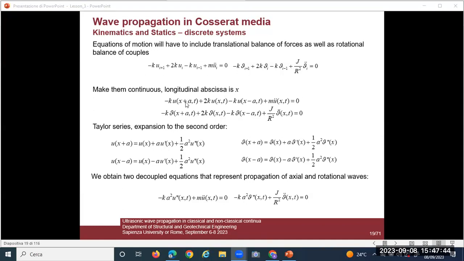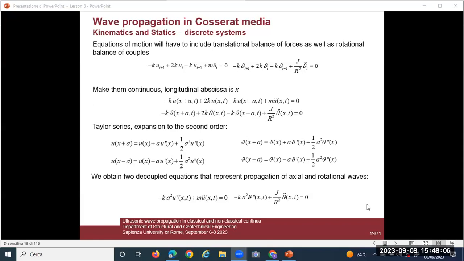You make them continuum, you use Taylor series expansions, and you obtain these two nice equations that are nothing but the equations of motion of a Cosserat continuum. Because you have one equation which concerns displacement and another equation which concerns rotations.